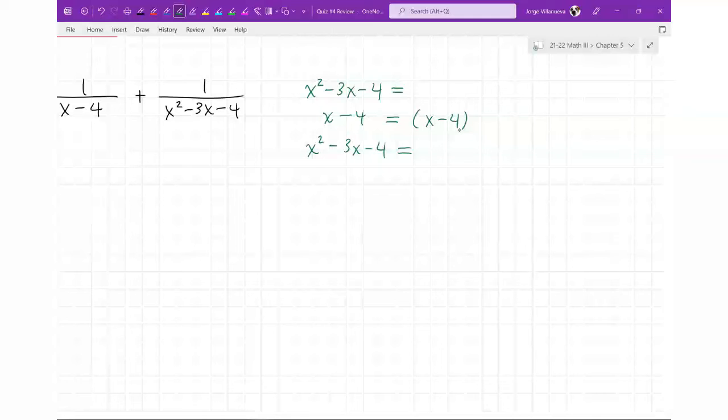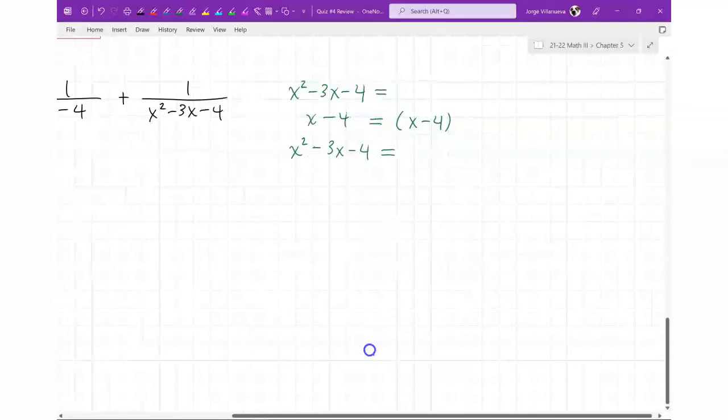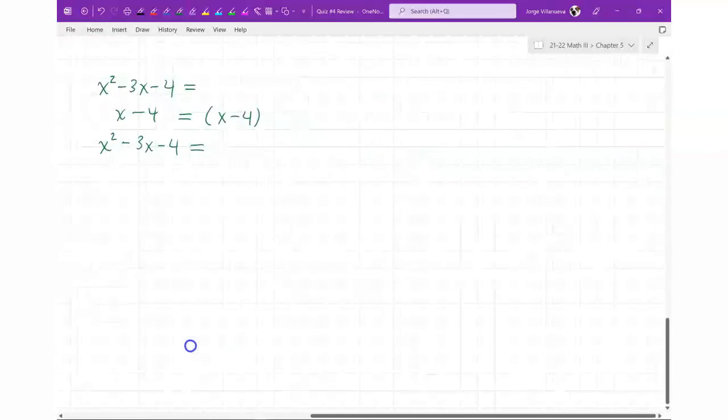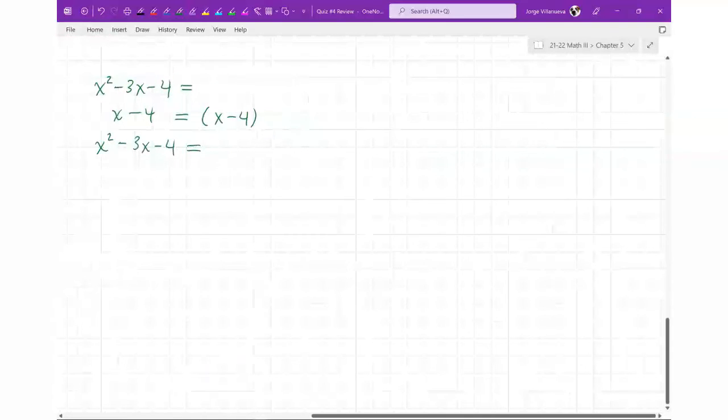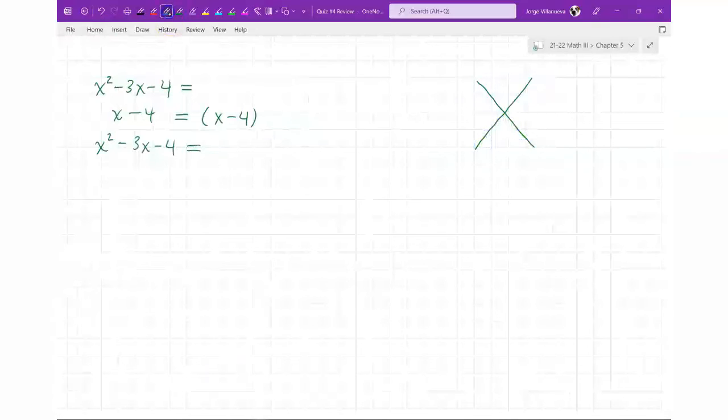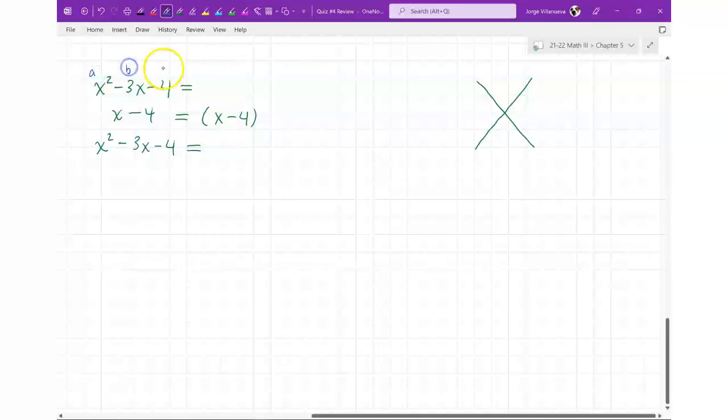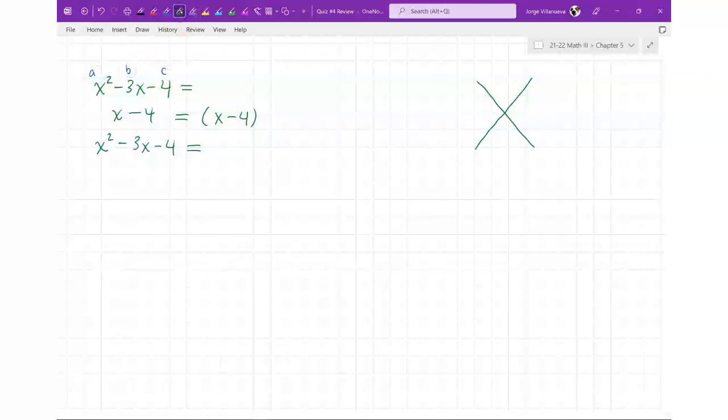Once I factor the top, then I just rewrite it for the bottom. So let's factor x squared minus 3x minus 4. I'm going to use the x method. Here's my a, b, and c. So a times c is negative 4. B is negative 3. What two numbers should I use?